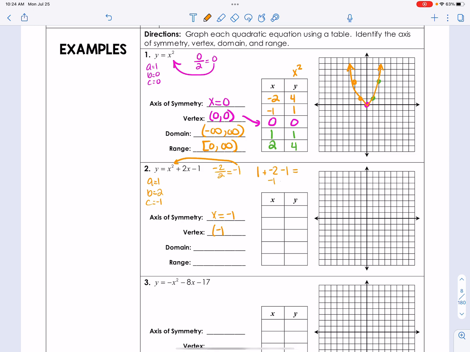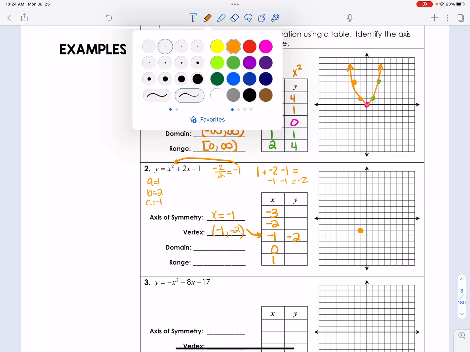So that's -1 minus 1, so that's -2. Okay, you're going to put that into the middle, -1, -2, and you're going to put a dot. And then you're going to go forward and you're going to go backwards. If you use those numbers, it will be a lot easier.